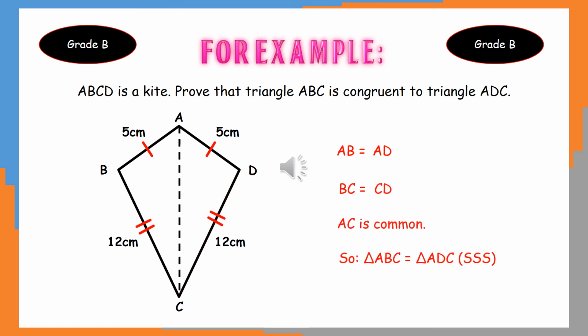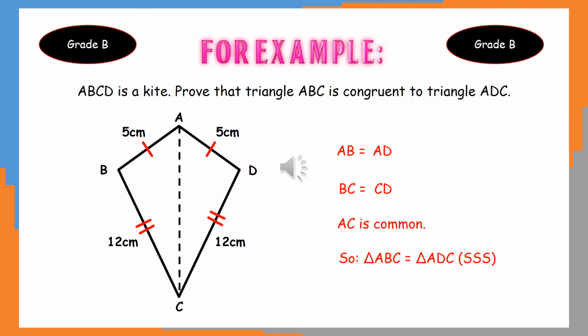For example, ABC is a kite. Prove that triangle ABC is congruent to triangle ADC. So we have here AB equals AD equals 5 centimeter, BC equals CD equals 12 centimeter, and AC is common.